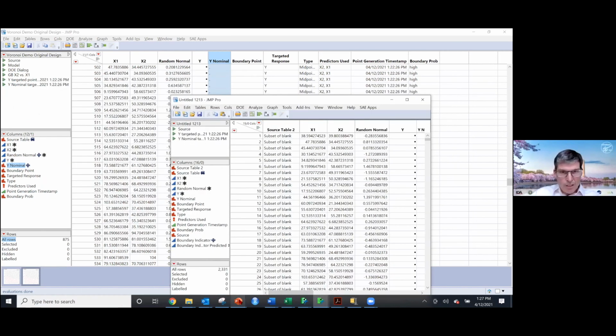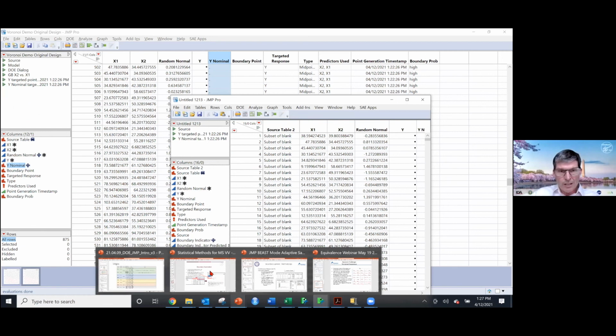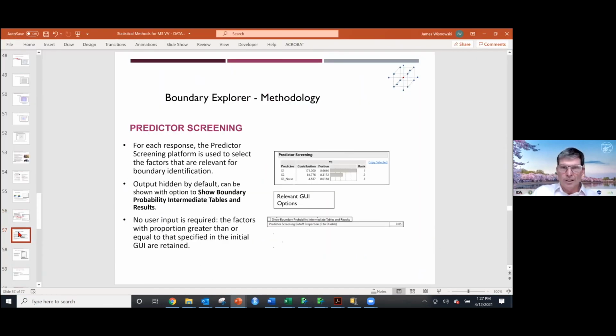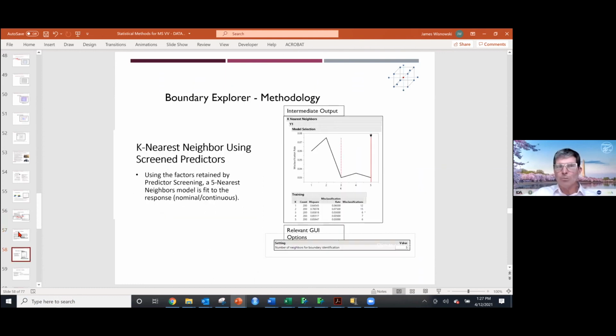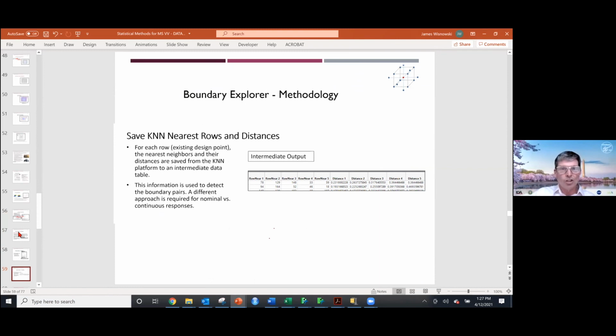Maybe we can come back to JMP in a second, but let's at least figure out how this was done. Predictor screening is just using the random forest's inherent native capability in JMP. So here's some intermediate output. If I look at row 1 and ask what the closest points to me are, I can see my 5 nearest neighbors and the rows listed.